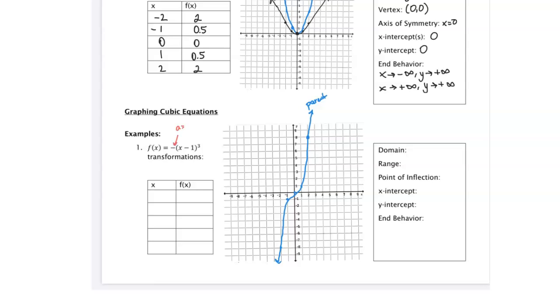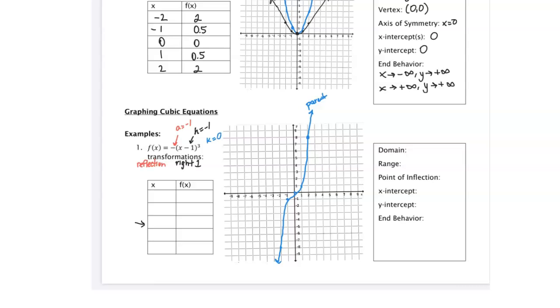Our a is a -1. So that means we have a reflection. If we look at our h, we have a -1 there, and our k is not there, so it defaults to 0. That h value of -1 means that we are moving to the right by 1.